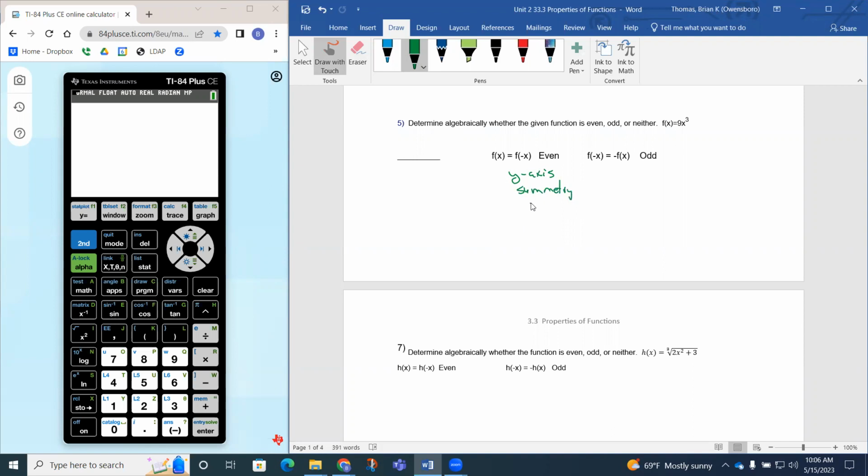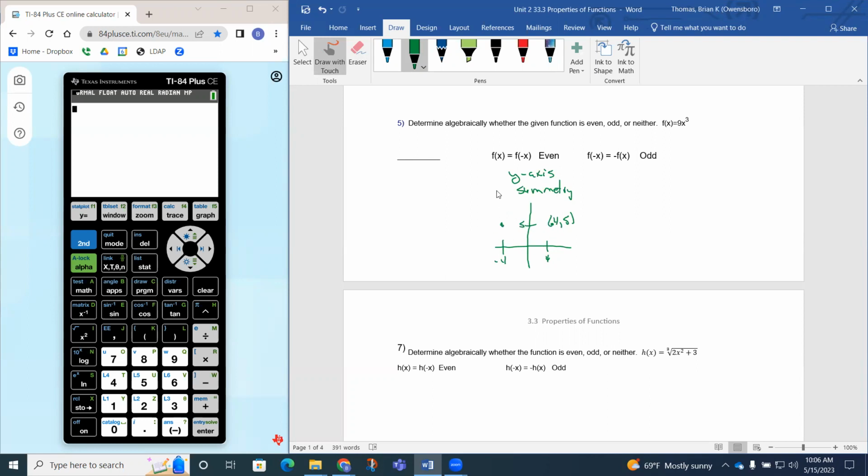So if I look at it from a y-axis symmetry, if you have this point, let's say this is 4 and this is, say, 5. So if 4, 5 exists, what f of negative x means is negative 4, 5 must exist. So there's this symmetry across the y-axis.